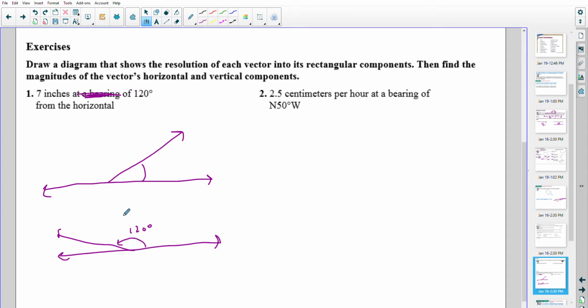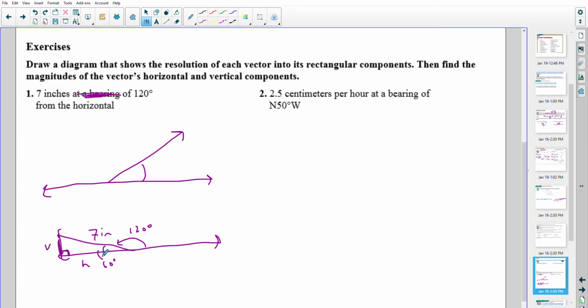And the question here is, if this is 7 inches, then what are the magnitudes of the vertical and horizontal? So I'm going to make a right triangle here, and this is going to be my vertical, and this is going to be my horizontal, and therefore I know that this right here is going to be 60 degrees, because 180 minus 120 is 60. Now I have a 30, 60, 90 triangle.